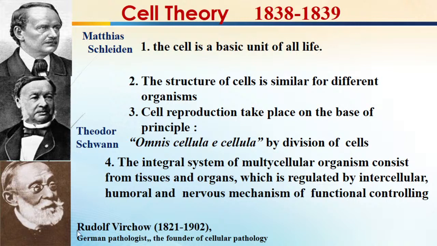And Rudolf Virchow, German pathologist and founder of cellular pathology, added these main principles: cell reproduction takes place on the basis of the principle omnis cellula e cellula, by division of cells, and continuous development of cell theory added the next fundamental phrase, that the integral system of a multicellular organism consists of tissues and organs, which are regulated by intercellular, humoral and nervous mechanisms of functional control.